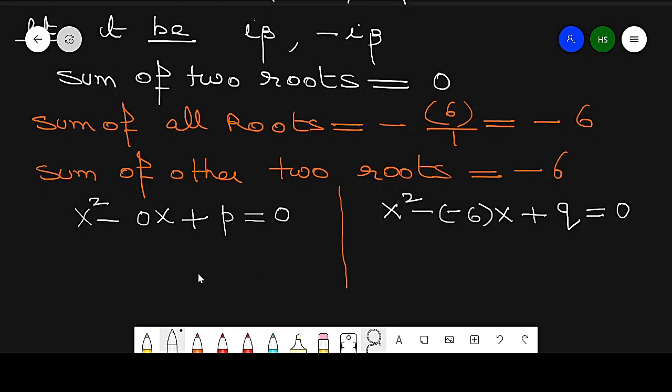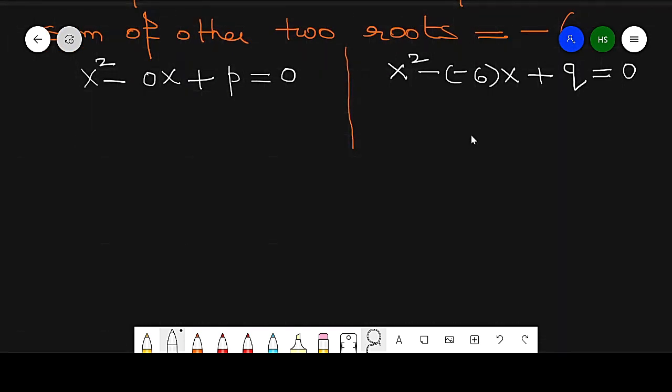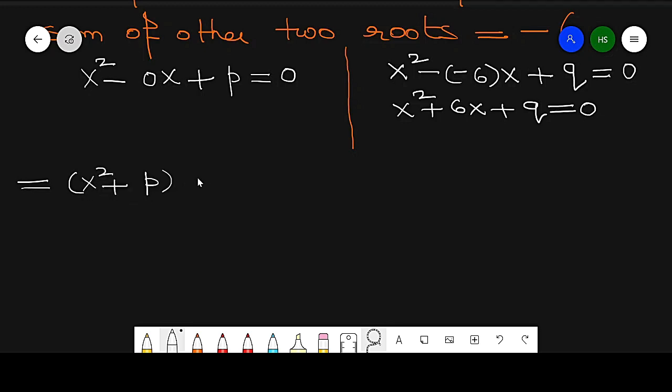Now what is its product? Again, the given equation is basically x^2 + 6x + q = 0. Now the given equation, this product can be written as (x^2 + p)(x^2 + 6x + q).